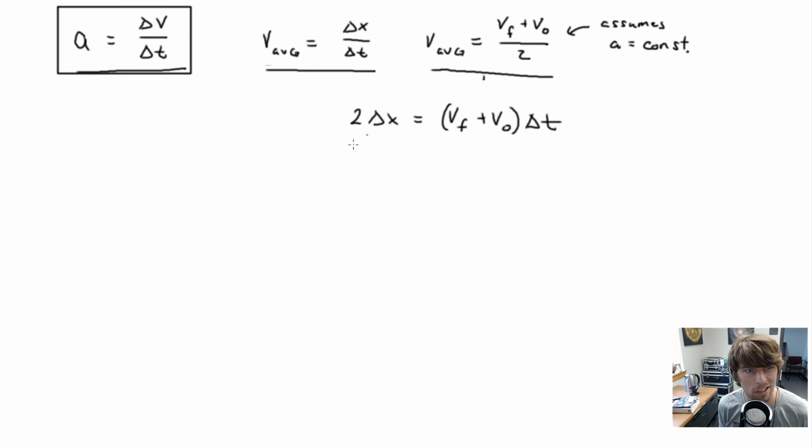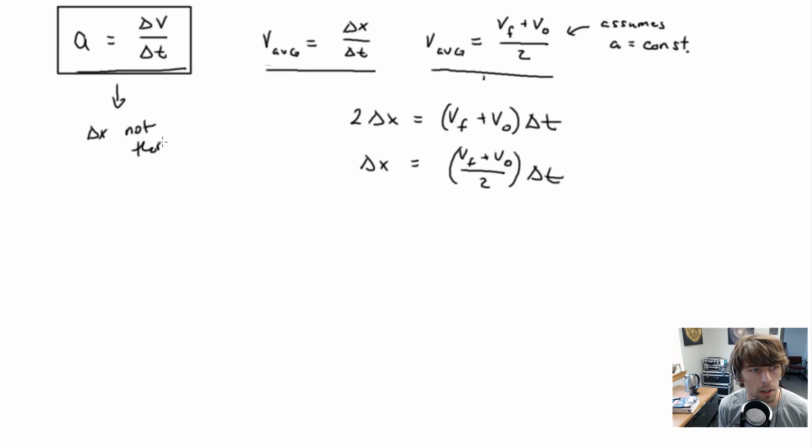Kind of boring, right? I mean, this is just delta x is equal to your average speed times your time. So this one's missing delta x, not there. This one, acceleration, not there.